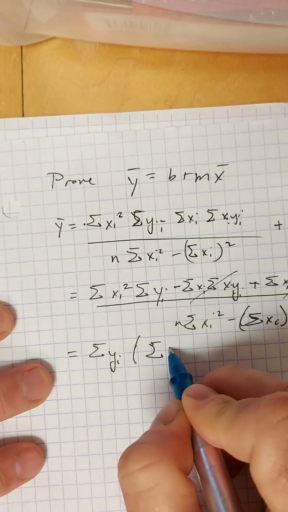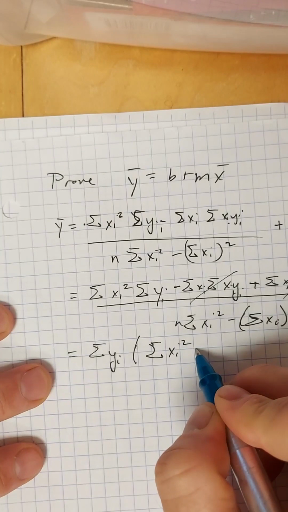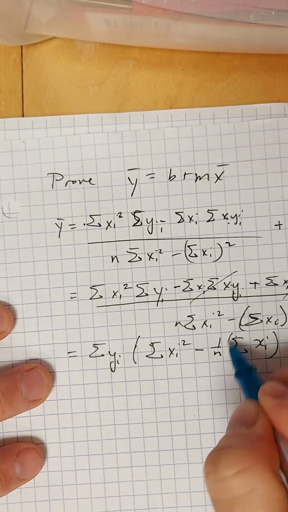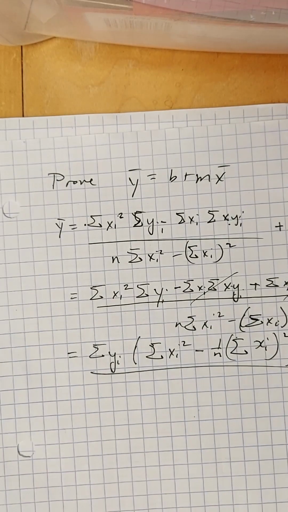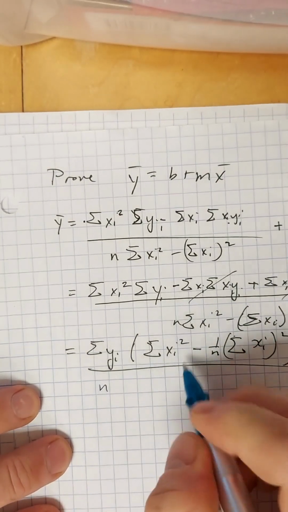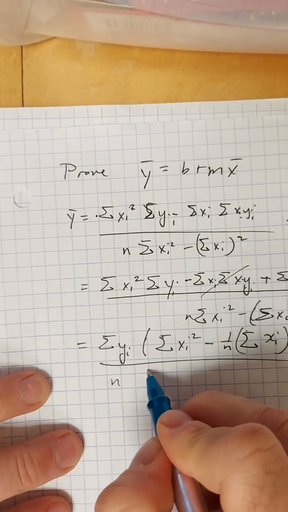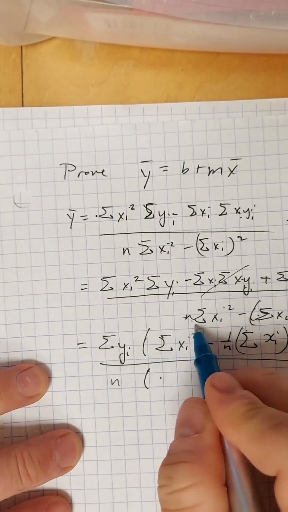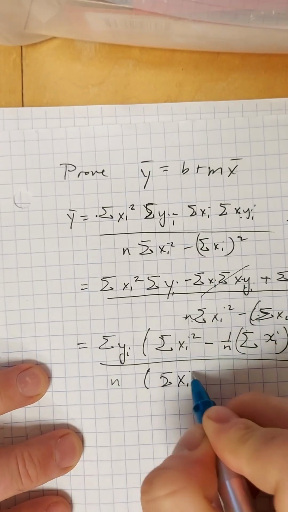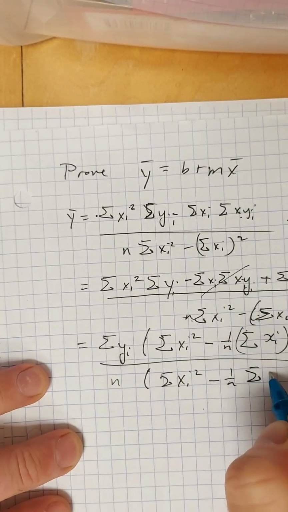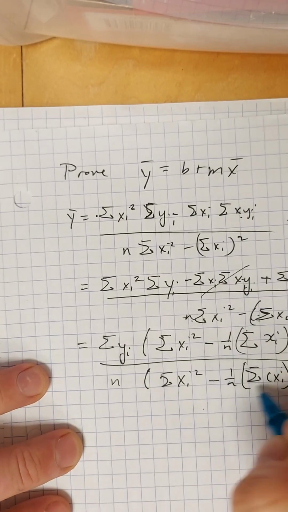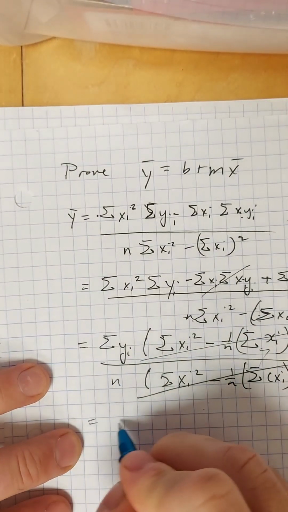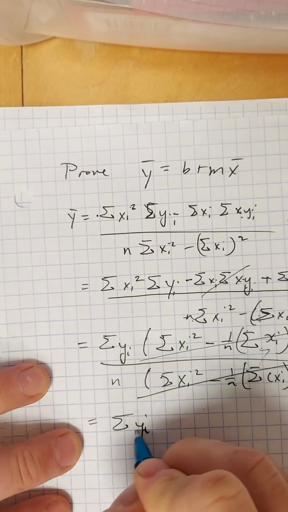We're left with the sum of x_i squared minus 1 over n times the sum of x_i squared, divided by n, and if I factor out an n from both of these, I'd have a 1 over n here, so it's going to be the sum of x_i squared minus 1 over n times the sum of x_i squared. And so finally those reduce, and you're left with the sum of y_i over n.